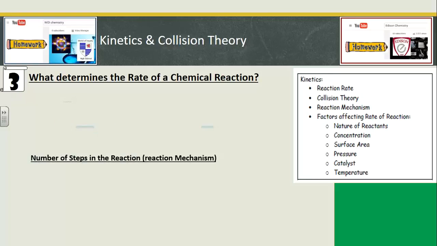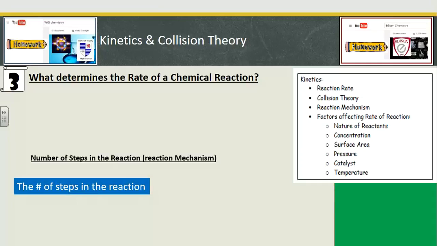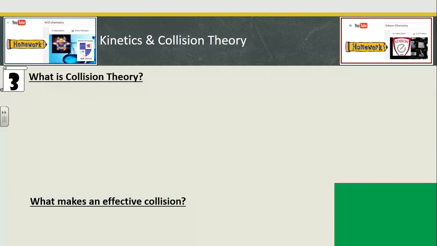Ionics faster, covalents slower. Then the number of steps in the reaction. We don't do reaction mechanisms, but certain reactions have more steps, so they would probably go slower. Fewer steps make it a faster reaction. So the fewer steps in a reaction mechanism, at that activated complex, the faster the reaction will go.